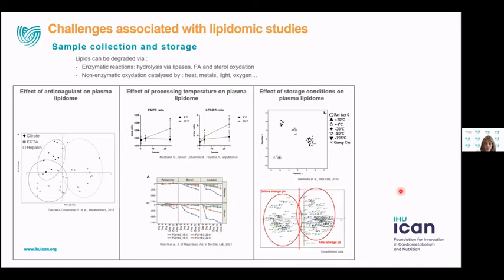You should then be really careful about the storage of your samples. This is another study that compared the storage temperature conditions, and you can see here that from room temperature to minus 200 degrees, the lipidome clusters differently, which means that you have degradation. At minus 80 and minus 200, the samples cluster together, which means that you are in good conditions.